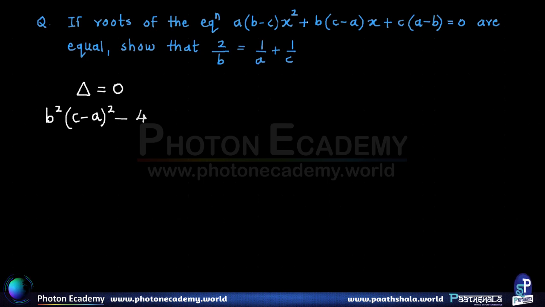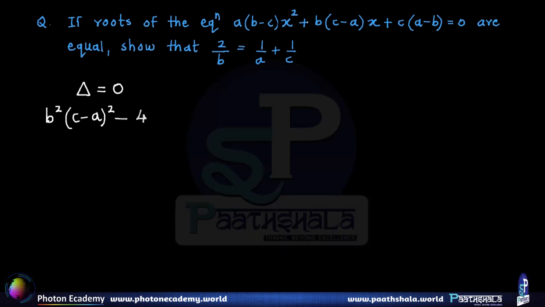Now the a is in this particular case the coefficient of x square term. So therefore we have a into b minus c, and we have to multiply by the c in the original convention, which is the constant term. So that is c into a minus b equal to 0.